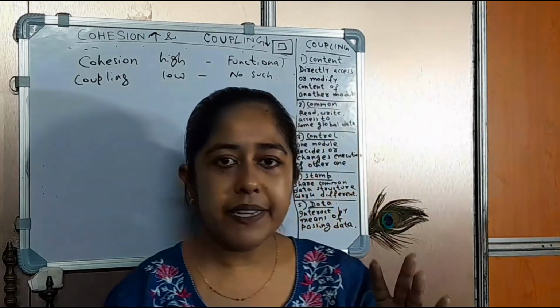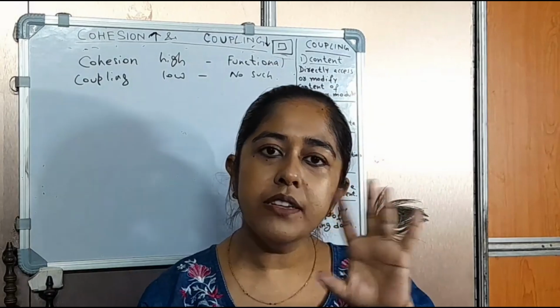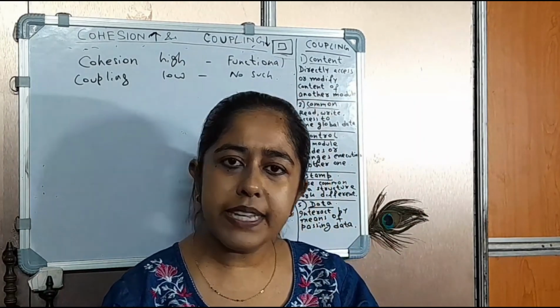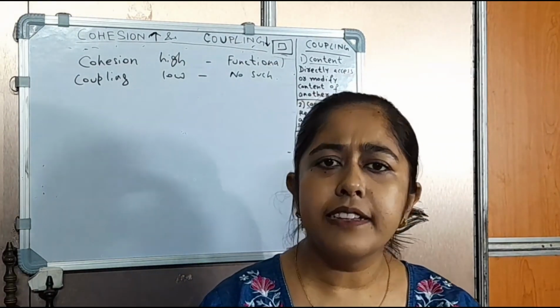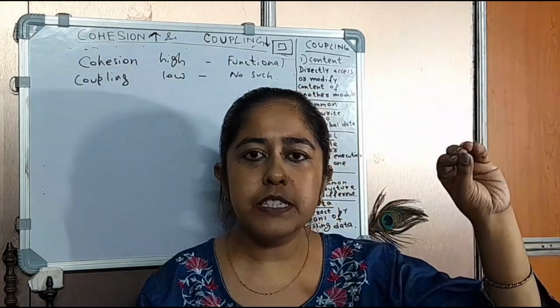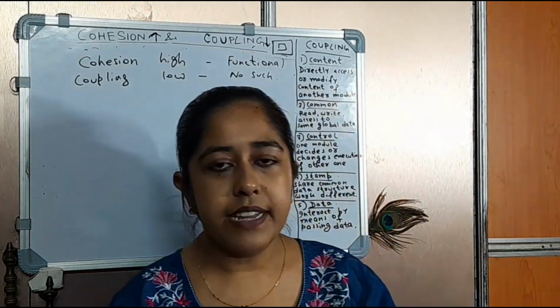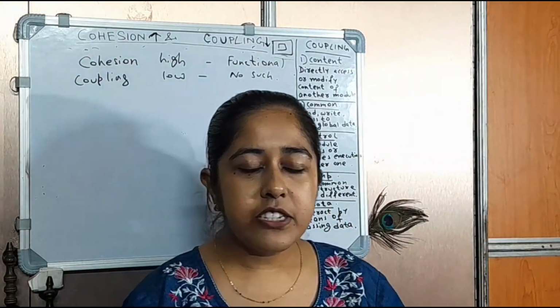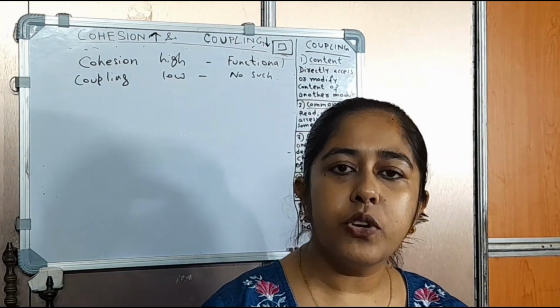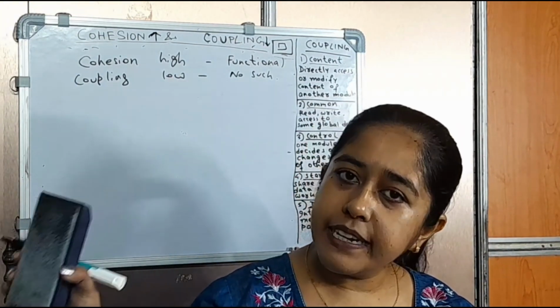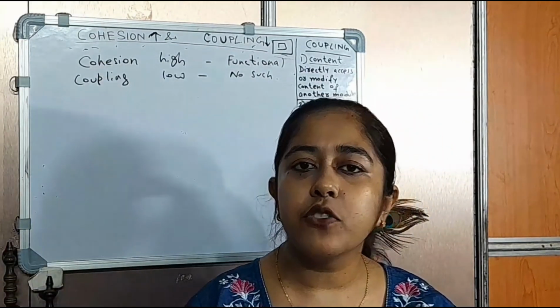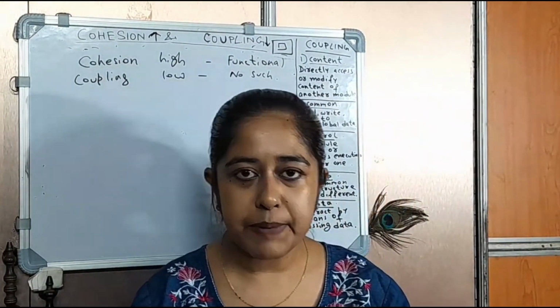All the couplings are equally ideal; nothing is better or worse. But in cohesion, the first one was coincidental cohesion, the lowest and unplanned, while functional cohesion is the highest degree, highly accepted as well as expected.